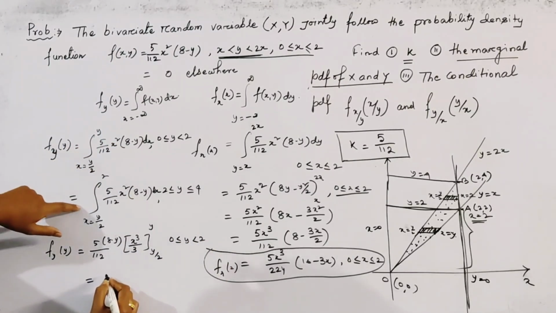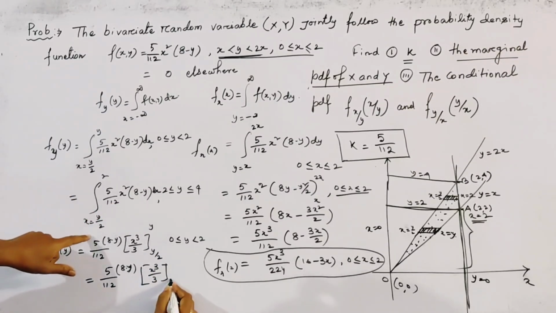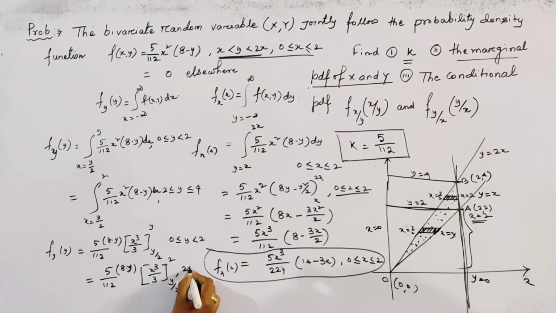And another is given by 5 by 112 into (8 minus y) into, here also the integration is x cube by 3, and the ranges are y by 2 to 2, and the range is given by 2 less equal to y less equal to 4.